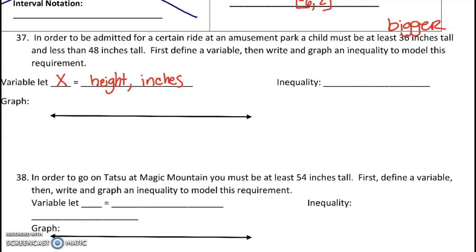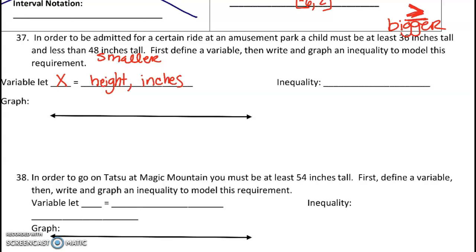And less than 48 inches tall. Does that mean they want you to be bigger than 48 inches or smaller than 48 inches? Does bigger create a less than sign or a greater than sign? If I say at least, are you allowed to equal that?